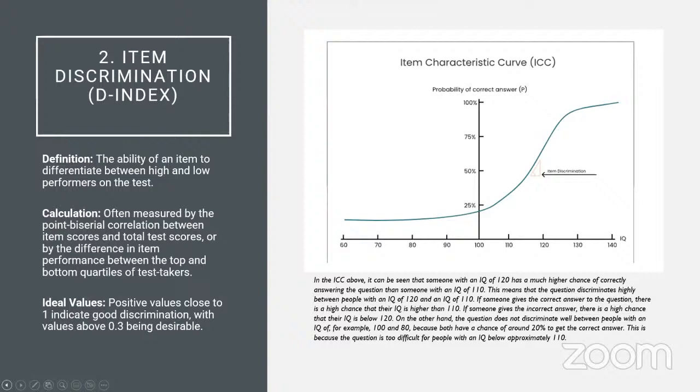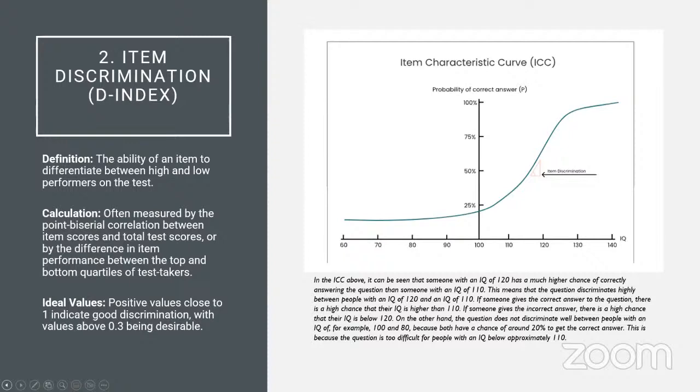The next point is the item discrimination index. After item difficulty, item discrimination. It is the ability of an item to differentiate between high and low performers on the test, often measured by the point biserial correlation between item score and total test score, or by the difference in item performance between the top and bottom quartiles of test takers.